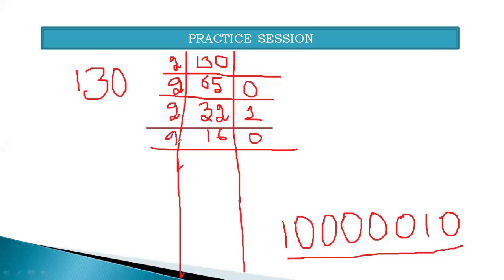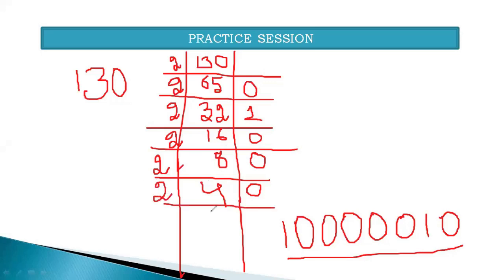Next, 2 8s are 16, and the remainder is 0. Next, 2 4s are 8, and the remainder is 0. Next, 2 2s are 4, and the remainder is 0.